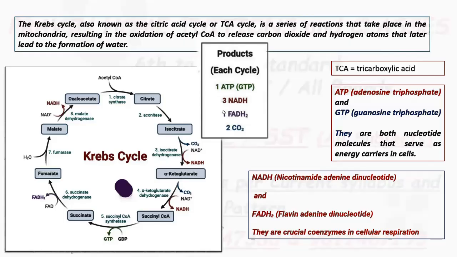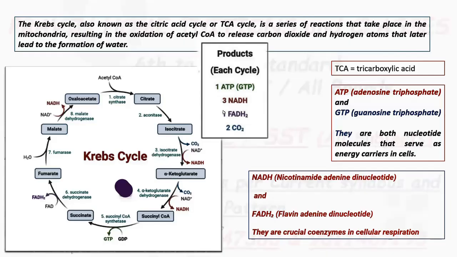as a product of the reactions, energy is generated. It is in the form of NADH molecules, that is nicotinamide adenine dinucleotide. It is an energy molecule. FADH2, that is flavin adenine dinucleotide molecule.